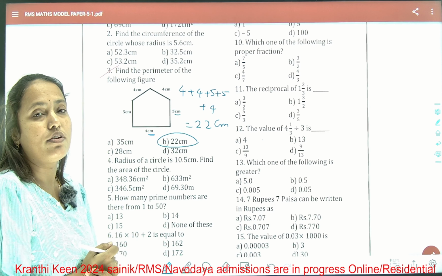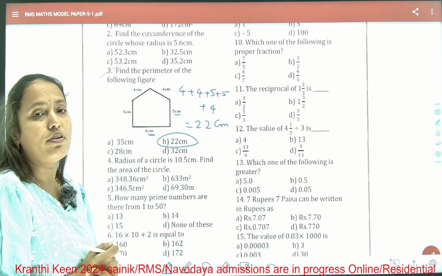Unit fraction is one of the very important questions. Most of the time in the Sainik exam, compulsorily they ask, even year after year. What is the unit fraction? Most of the people think that if the numerator is one, it is a unit fraction. But then the denominator also matters.